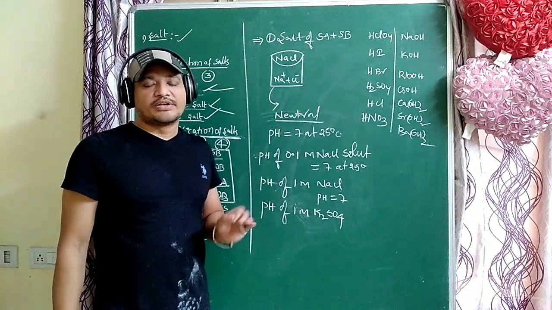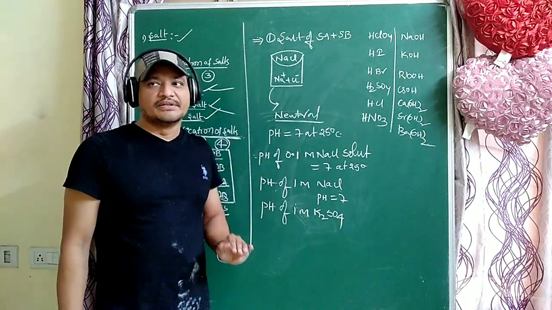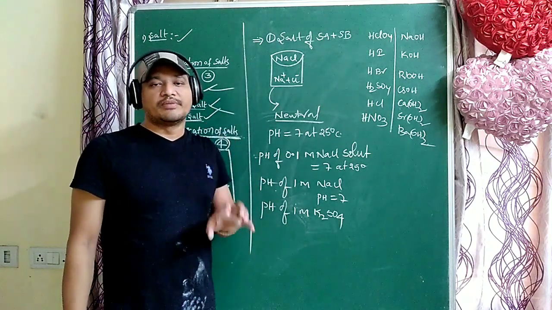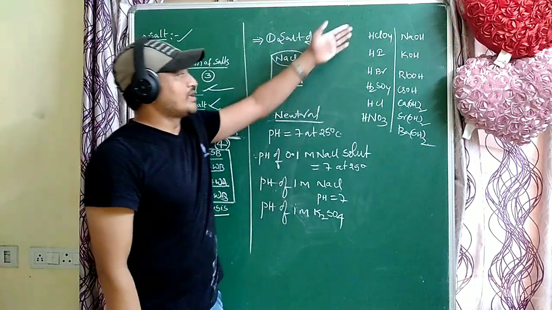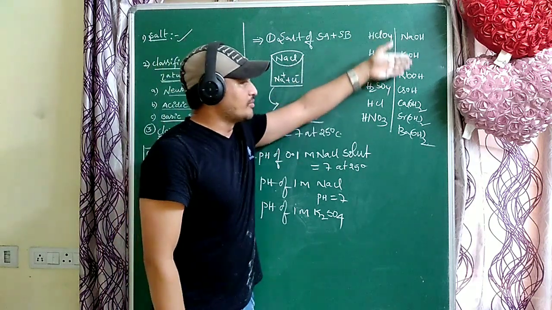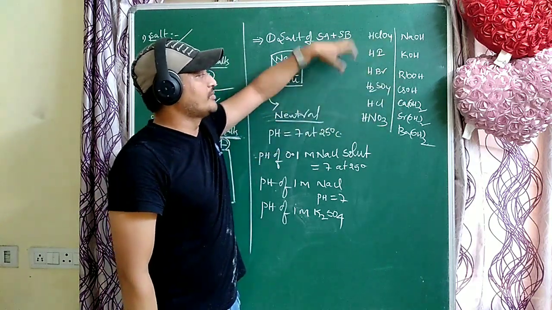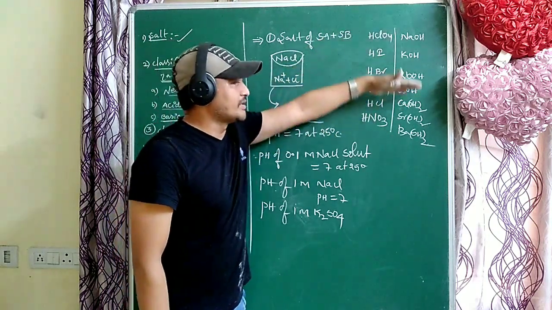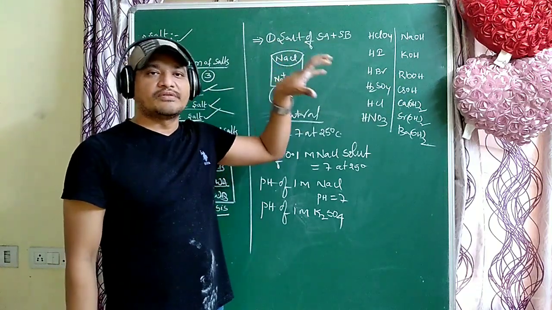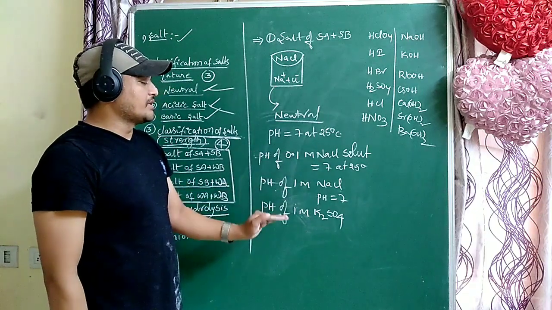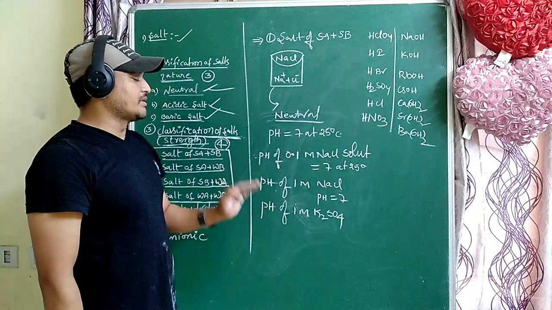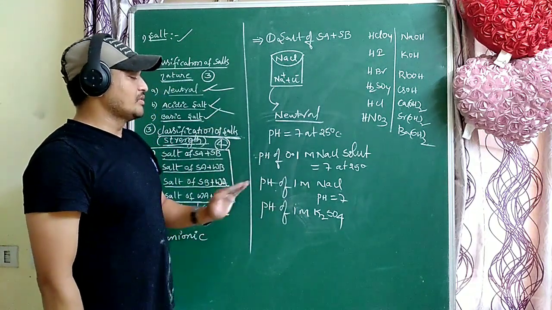Which of the following salts does not hydrolyze? The salt prepared from strong acid and strong base. K2SO4 also does not hydrolyze, that means it does not react with water.